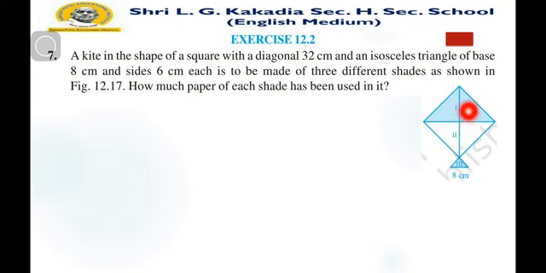If we divide this square into triangles, this side will be the height and this the base of the triangle, and the areas of the triangles are equal. Then, given the sides of this isosceles triangle, we can find its area by Heron's formula.